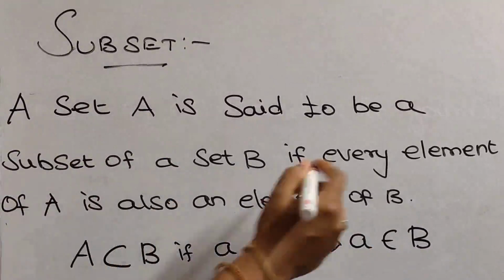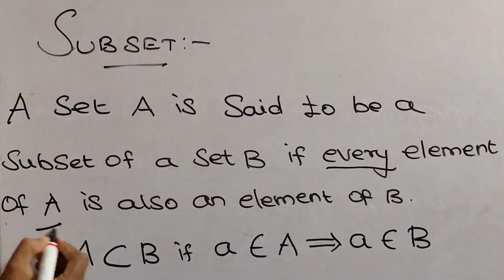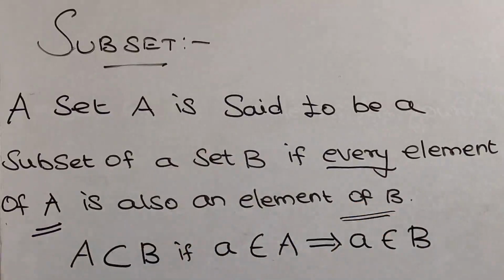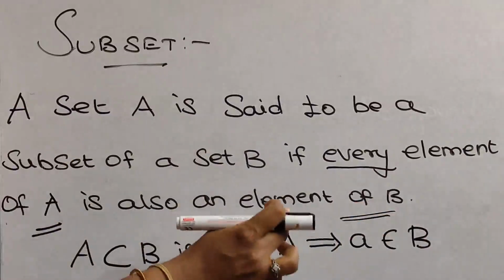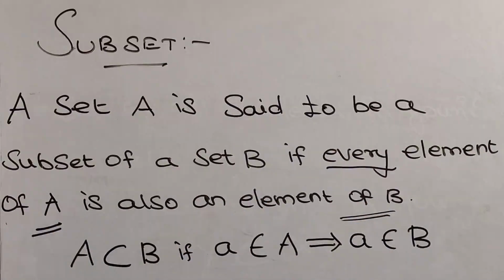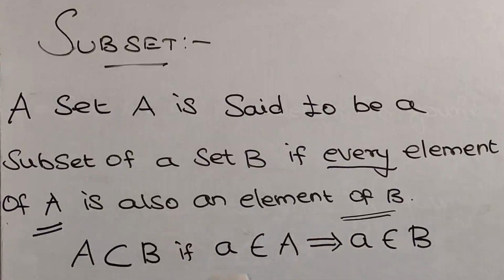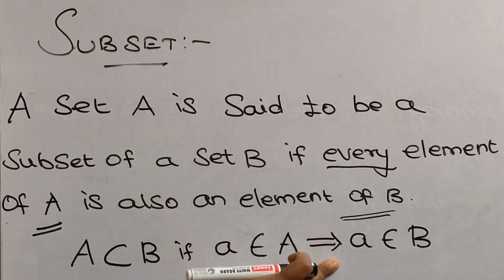Okay, see, every element of set A is also an element of set B. Then we will say this A is a subset of B. Okay, in other words, A is a subset of B if whenever the element a belongs to set A, then element a belongs to set B. Okay, it's often convenient to use this implies symbol.